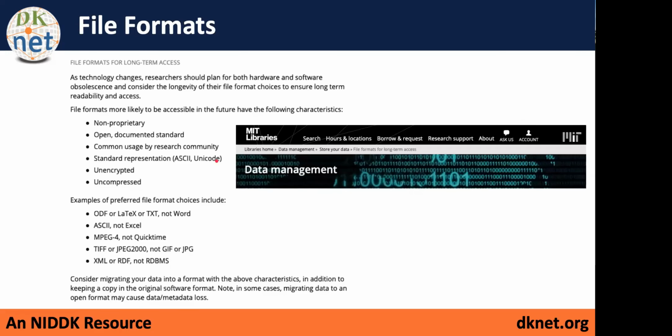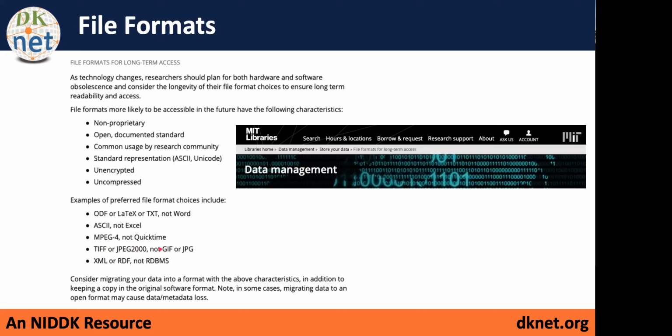And again, I'll go back to my MIT Libraries example, where they talk about file formats for long-term access. For example, for imaging files, you want data that is lossless. So TIFF and JPEG 2000 are lossless formats.